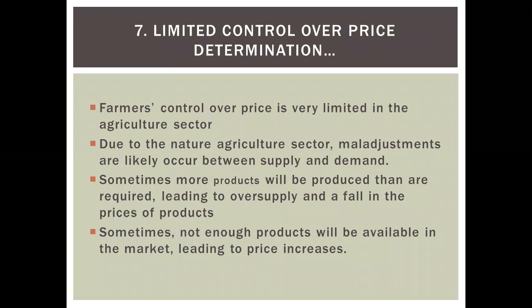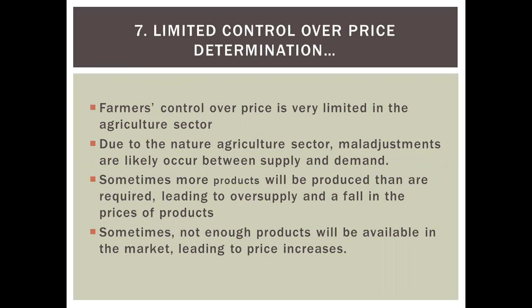The last point is limited control over price determination. This point we also discussed to some extent in the case of acute competition. The farmers do not have much control over the price determination of their products.